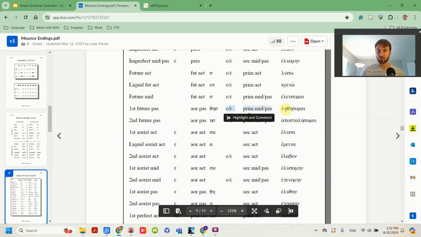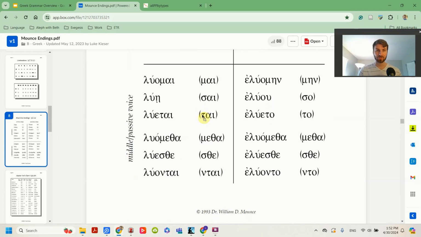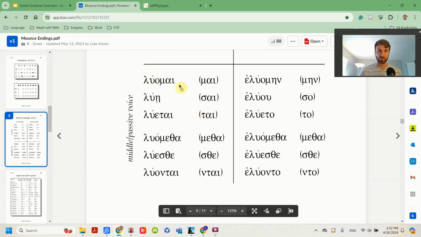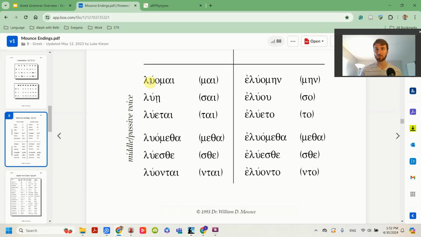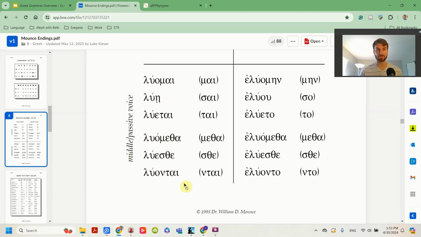So you can see luthēsomai over here. It's going to take these endings: omai, ē, etai, ometha, esthe, ontai. So we add no augment in the future, but we add the thēs. It would be luthēsomai, luthēsē, luthēsetai, luthēsometha, luthēsesthe, luthēsontai. That's how you form the future passive.